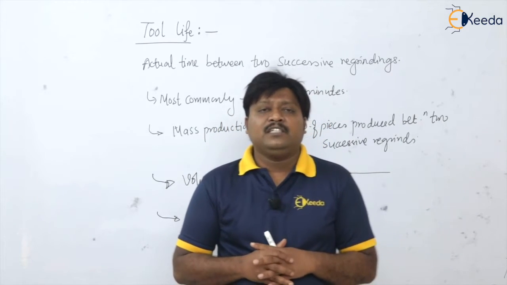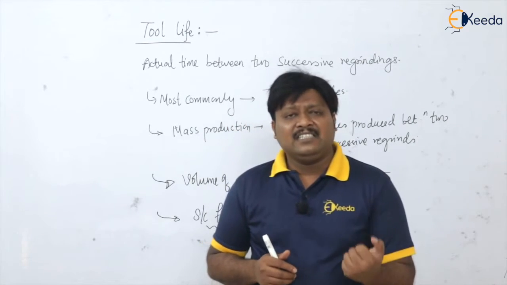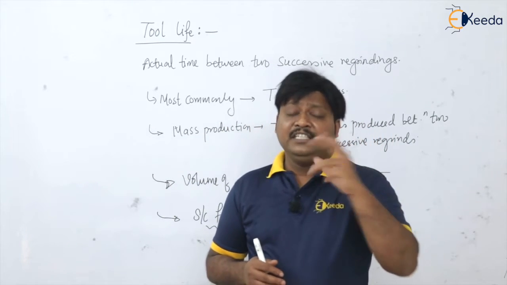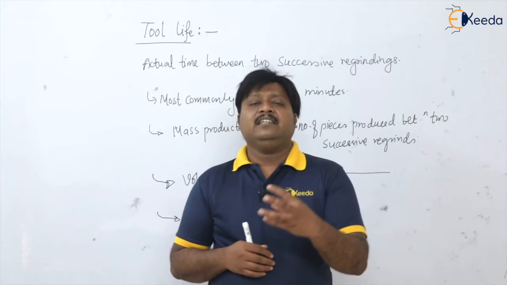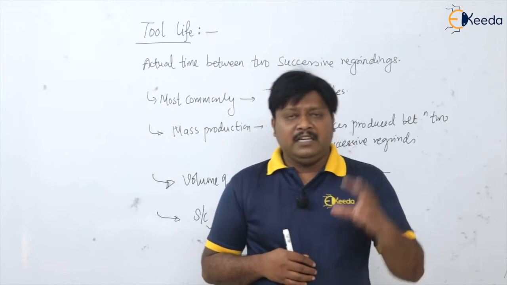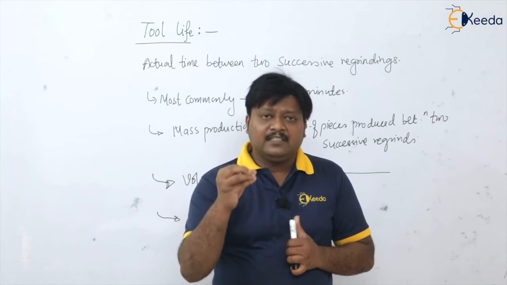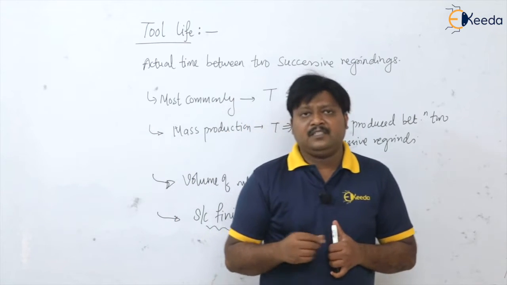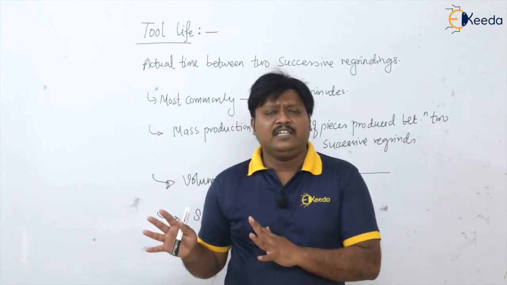In that he published around 300 pages of his work, and he was mostly interested in empirical research in metal cutting. He worked for 30 years, and his work got published in 1907 in the Transactions of ASME, around 300 pages. And this scientist, F.W. Taylor, gives one relationship for the tool life. Okay, so that we are definitely going to see.